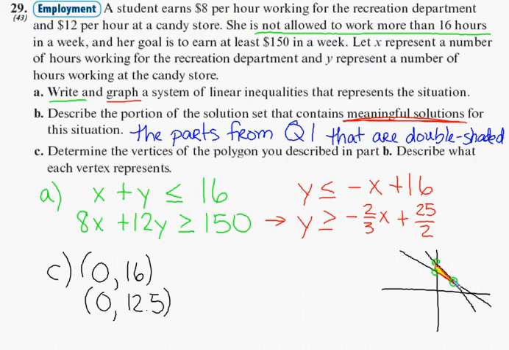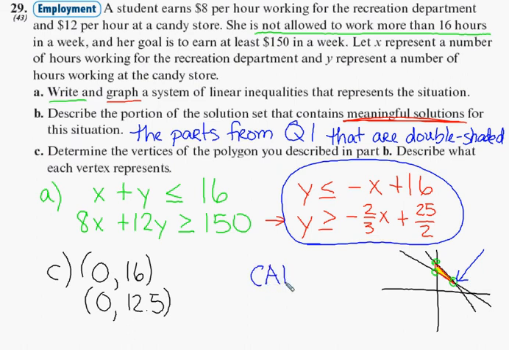Okay. So I'm recommending if your graph is hard to read and you can't tell exactly what it is, just enter these equations into your graphing calculator. You know how to do that. Now I know you still had to manually graph it, but to make sure that you get this vertex exactly right, if you enter these 2 equations into your graphing calculator, then you can use the calc feature, and when you select calc, there's an option to choose intersect, okay?